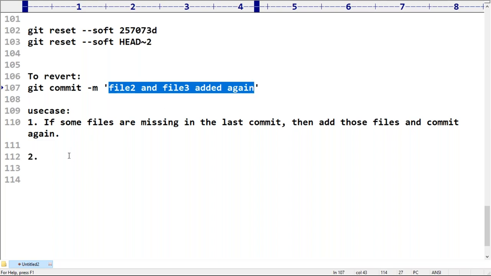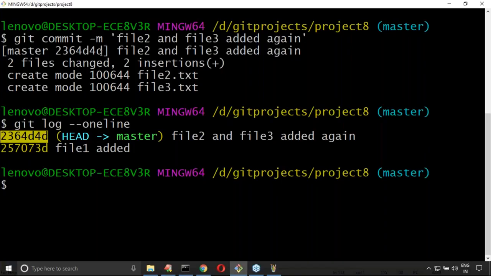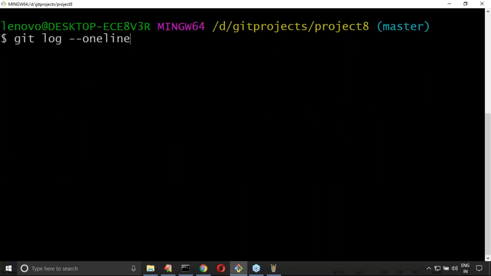If we forgot to add the defect number in the commit message, something like these types of requirements, happily you can go for soft reset. Are you getting? Now just observe carefully.